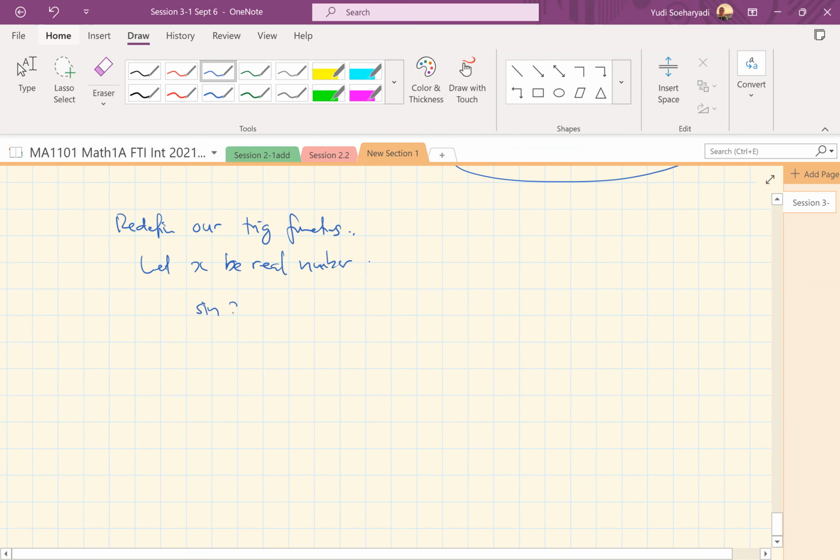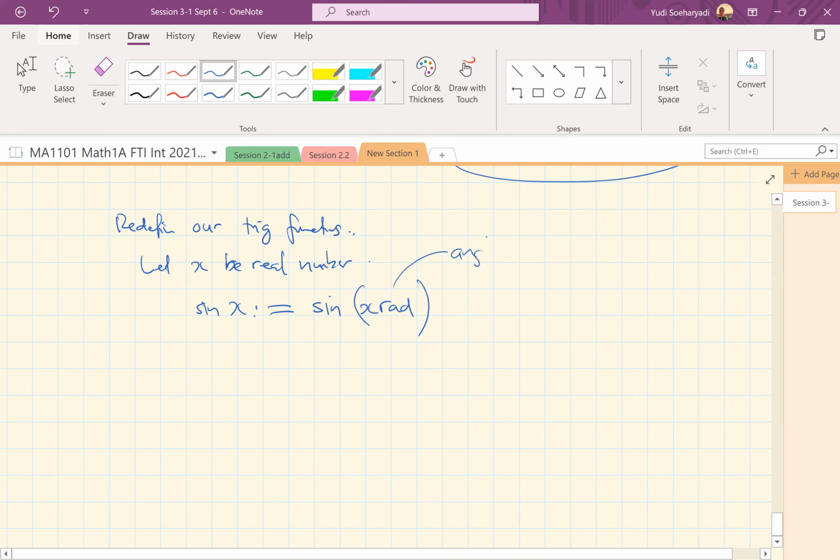What we call sine x is actually sine of x radians.